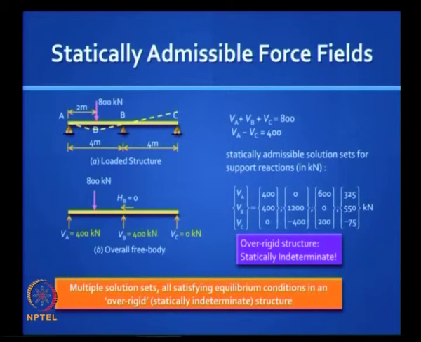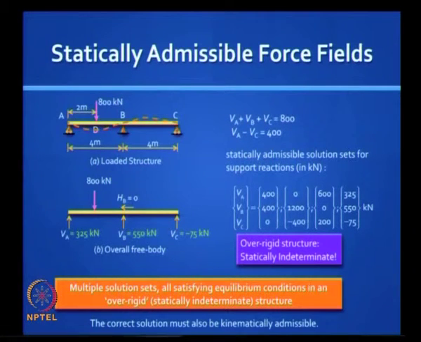So the correct solution which you will learn to do is one in which the beam comes back to the support C, and you will find that there is an uplift at that location, and you have a negative force, which means a force acting essentially downward, and we can prove these numbers later. The correct solution must not only satisfy equilibrium, but it must also satisfy compatibility.